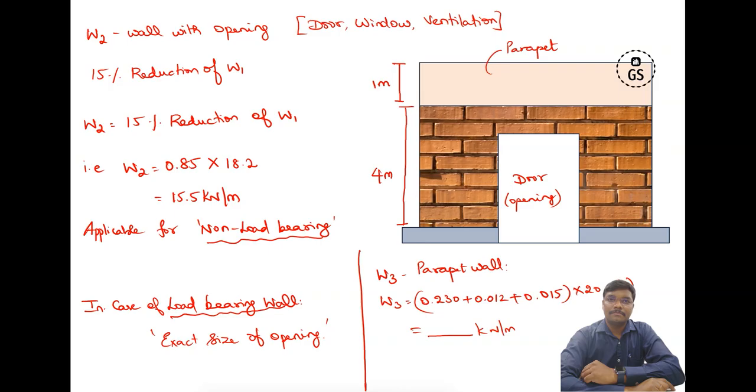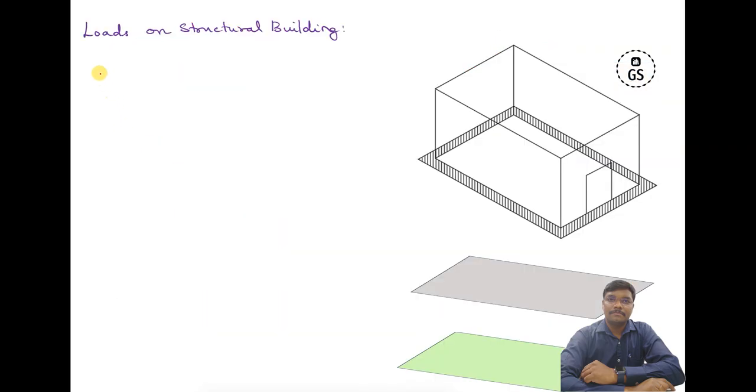The next part which you want to know is slabs. So now coming to slabs. We have two slabs. One is called your floor slab. Another one we have is roof slabs. So what makes the difference in both?